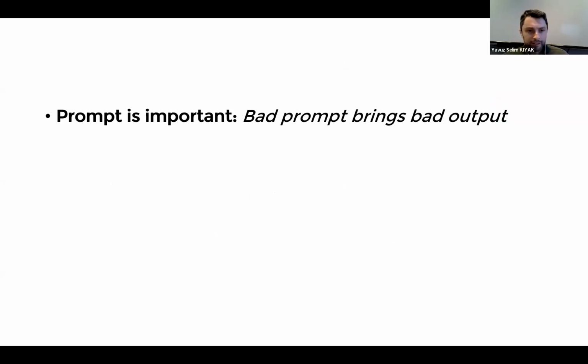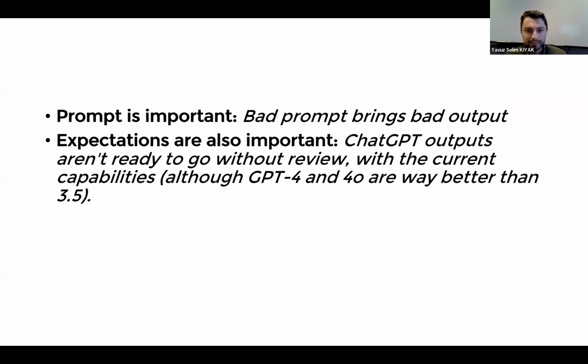So as we can understand clearly, prompt is important. Bad prompt brings bad output. And expectations are also important, because the outputs of ChatGPT and the other large language model chatbots aren't ready to go without review with the current capabilities. Yes, GPT-4 and 4.0 are way better than 3.5, but we cannot go without review because there are some problems.